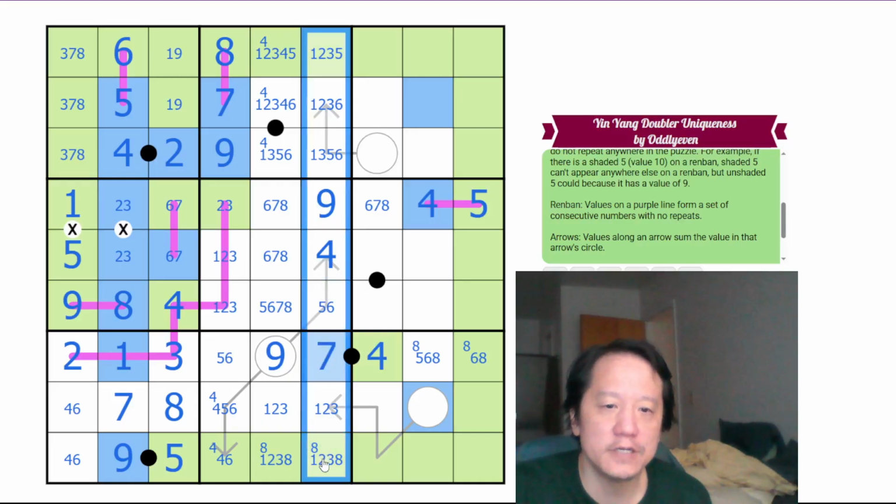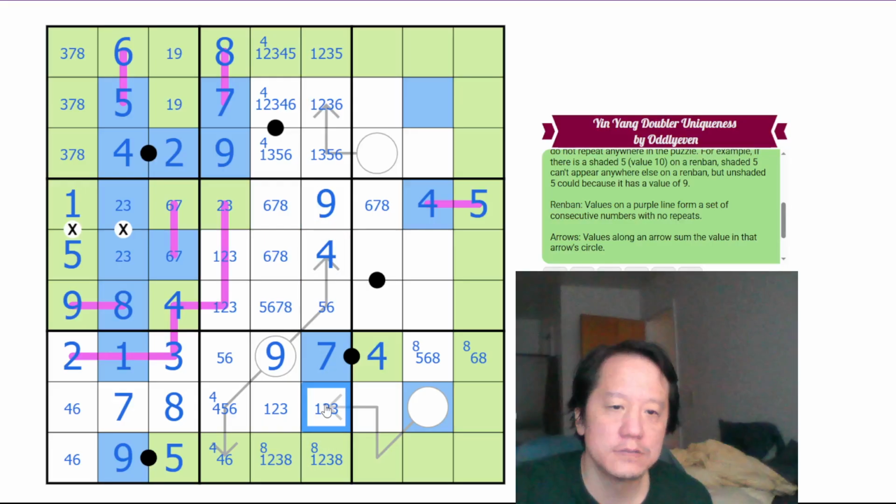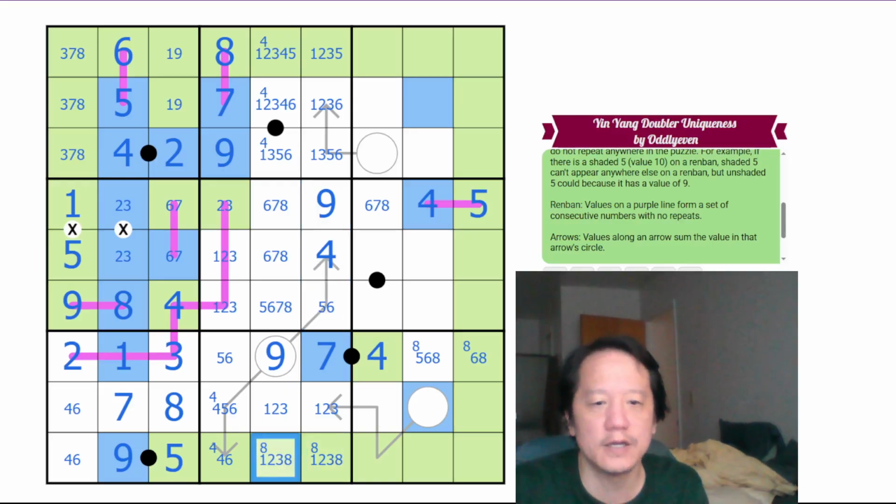Where is 8 in column 6? Can't be anywhere here because this has to be a 7, 8 here, and this is the way that the arrows work. So 8 can't be here. 8 has to be here. That means this can't be 8.